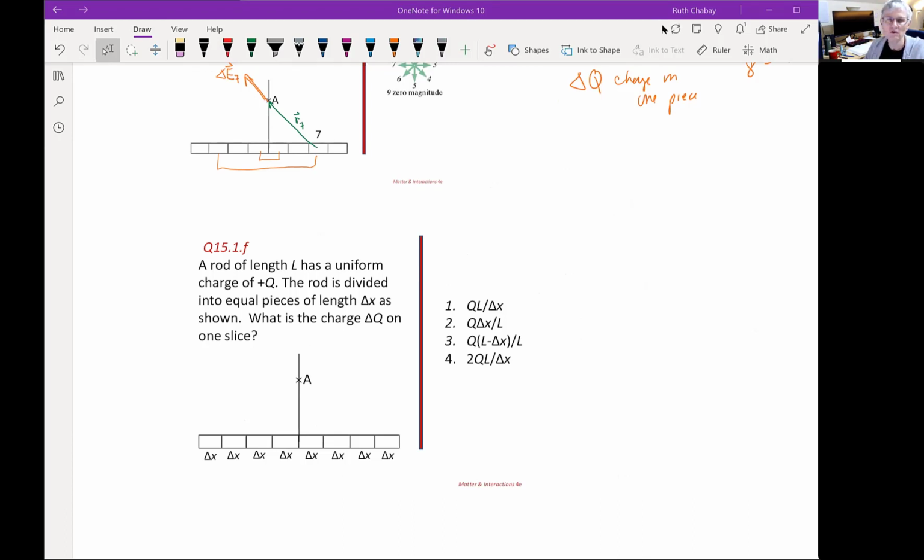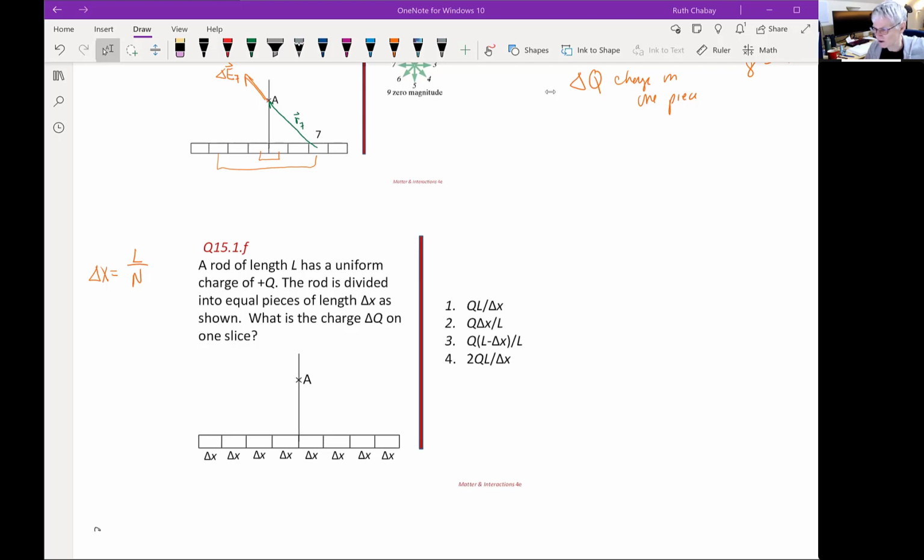If we have, in general, the rod's length is just L, and the charge of the rod is Q, and we've divided the rod into pieces whose length is delta X, which would be, delta X is actually going to be the length of the rod divided by the number of the pieces, right? But in terms of this delta X, what is going to be the algebraic expression for the charge on one piece?